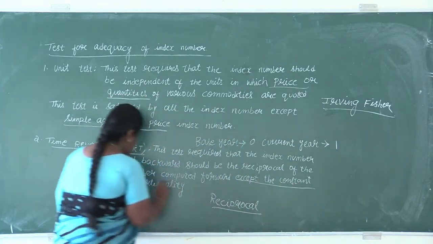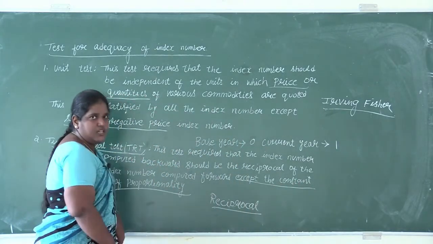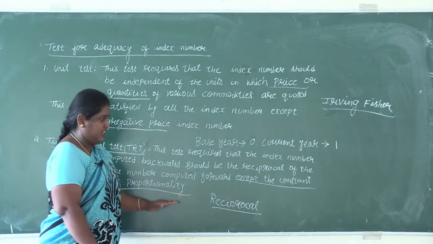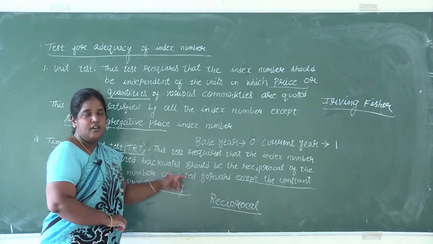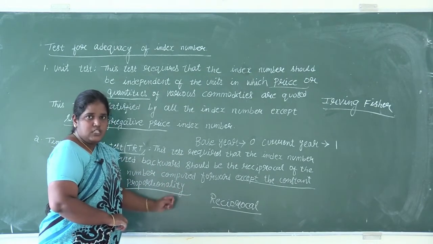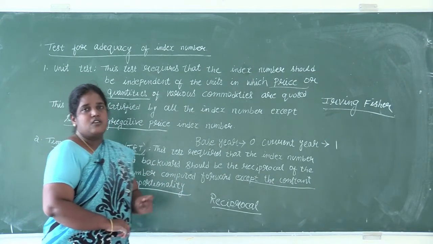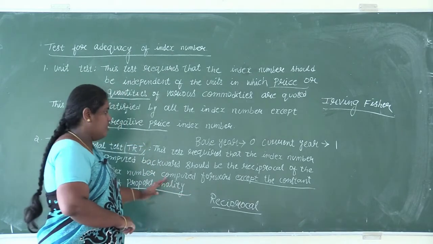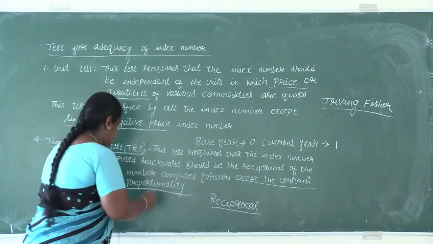Here the constant of proportionality is the multiplication by 100 that we take while computing the index number, to represent it in percentages. That is not taken. We are only considering the ratio, not the percentages.